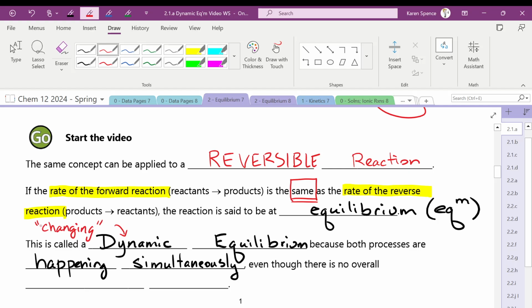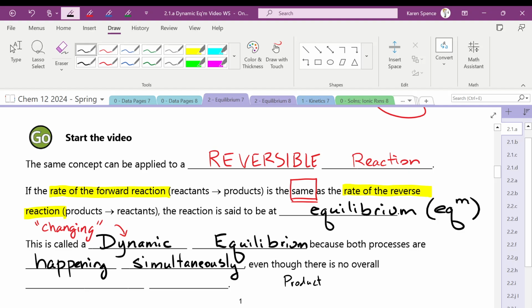Okay, dynamic means changing. So what's actually changing in this reaction? Well, reactant molecules are changing into product molecules. Product molecules are changing into reactant molecules.